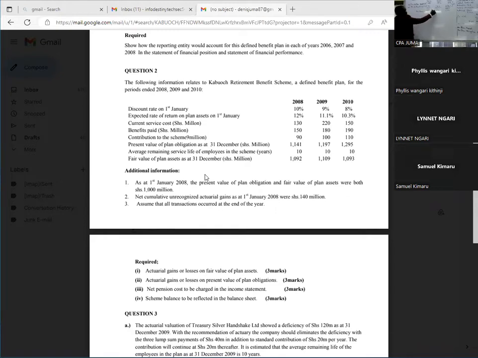Actually, let's be honest, not P&L: actuarial gains to other comprehensive income. So what you will transfer will be based on the corridor.